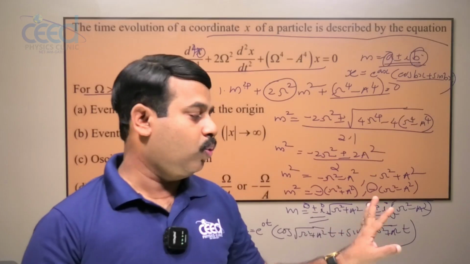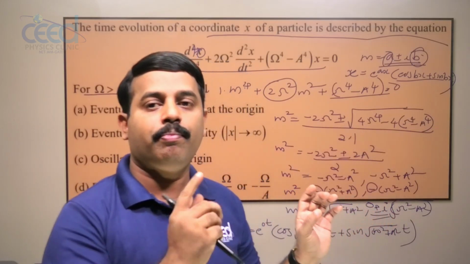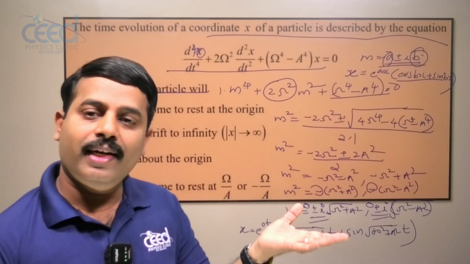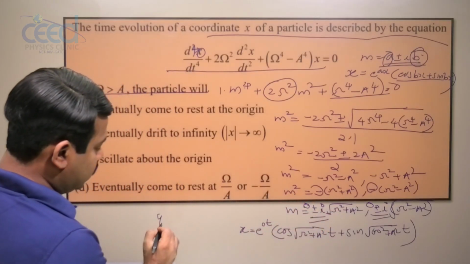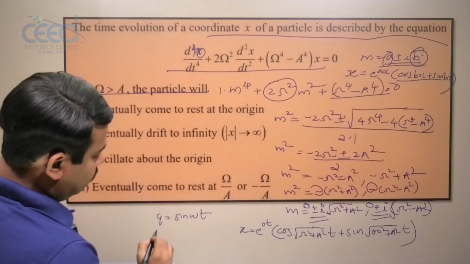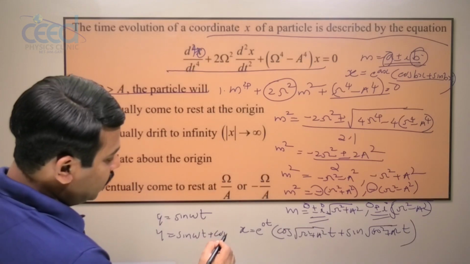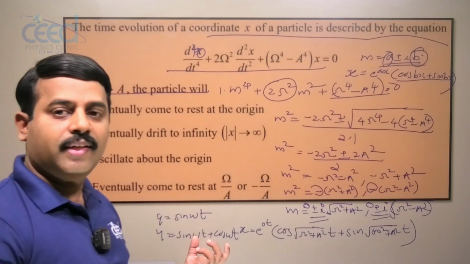Sin t plus cos t format is a simple harmonic term. See, what is the general expression of sin omega t? This is a simple harmonic motion. Sin omega t plus cos omega t is also a simple harmonic term; the sum of two SHMs is another SHM.